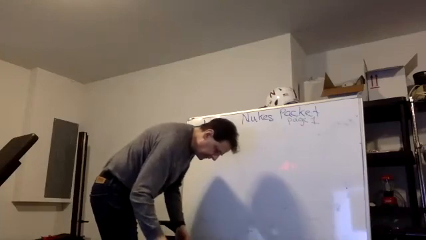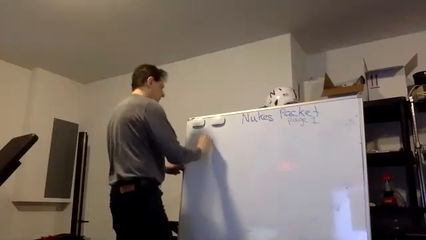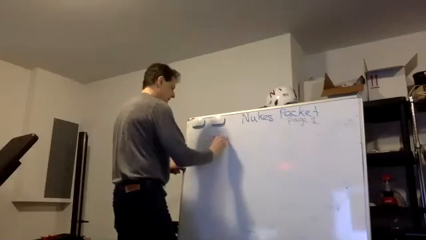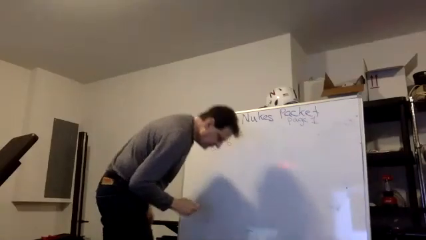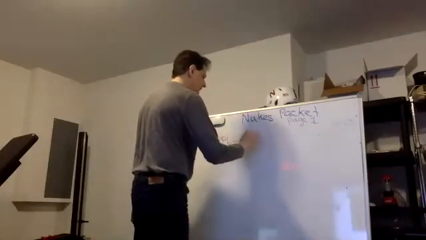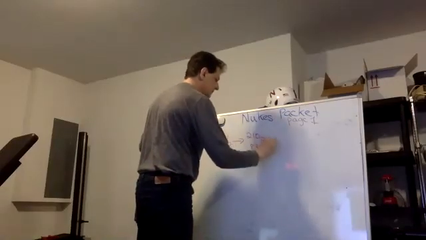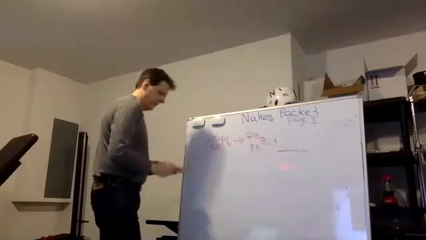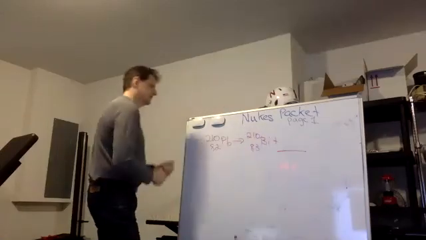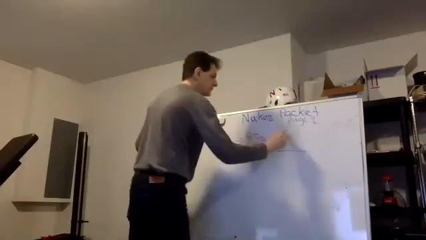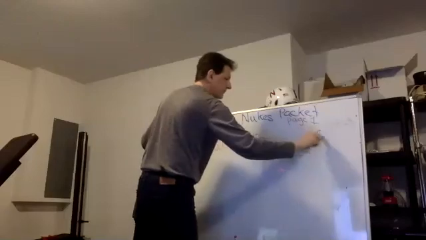Number 5, we've got 210 82 lead to 210 83 bismuth plus 1. So let's see, 210 minus 210 is 0, 0 here on top.